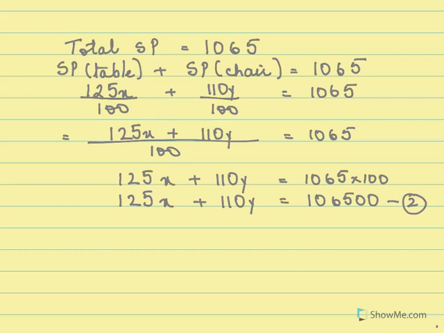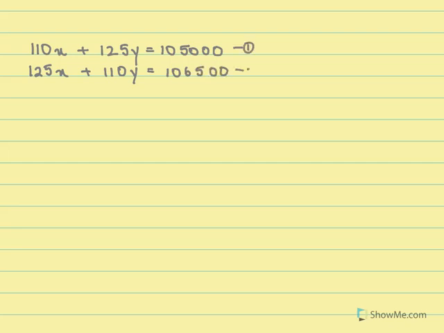This will be my equation 2. So this was my equation 1, 110x plus 125y equal to 105,000, and my equation 2 was 125x plus 110y equal to 106500. Equation 1, equation 2.